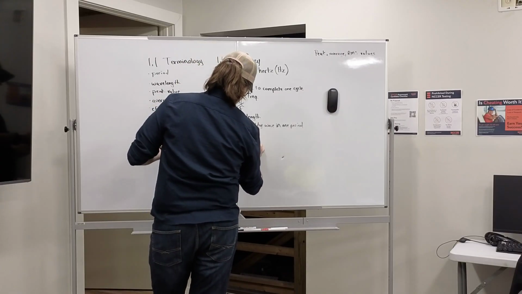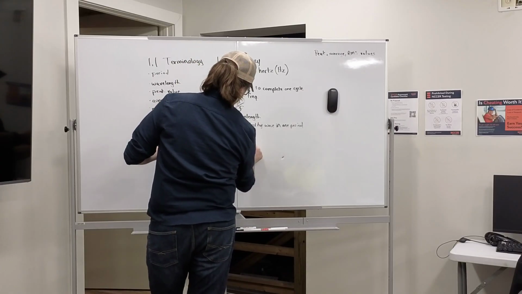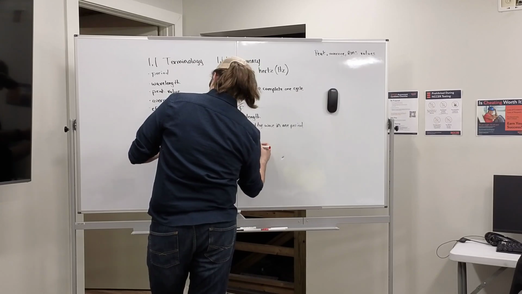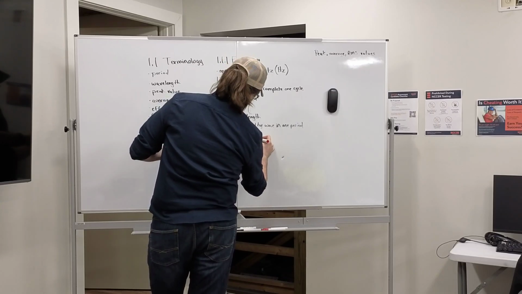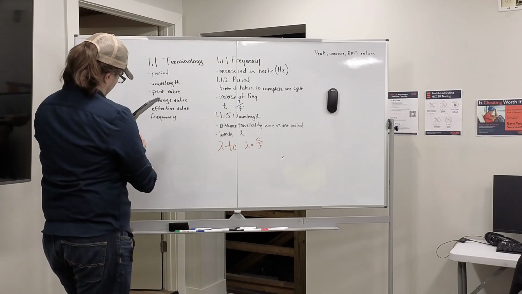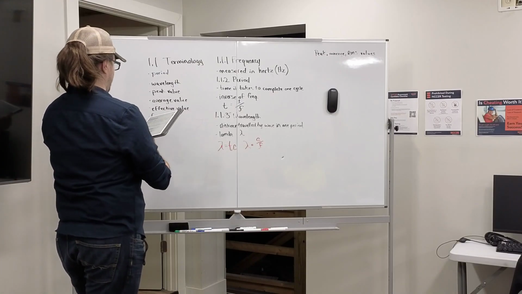Or you can do lambda equals C divided by F, speed of light divided by frequency. Everybody understand that?